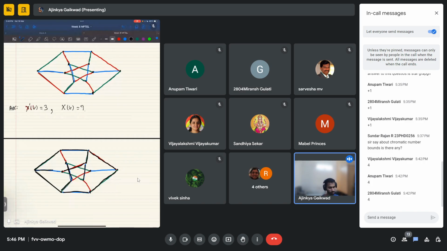So you can try and calculate the chromatic number. This time please take your time and see if you can do it with fewer colors.